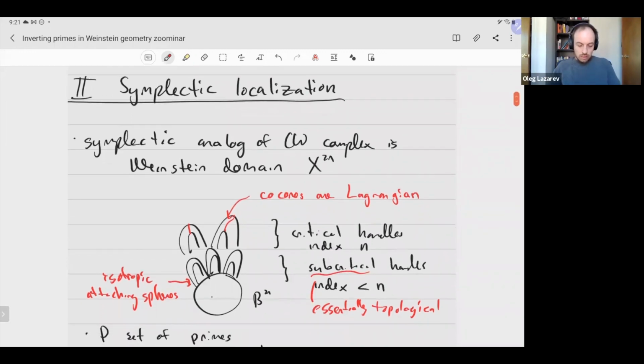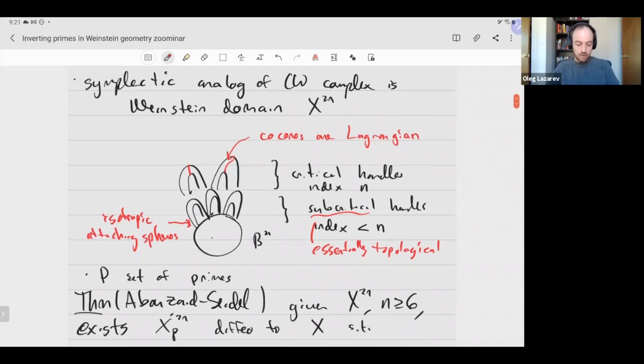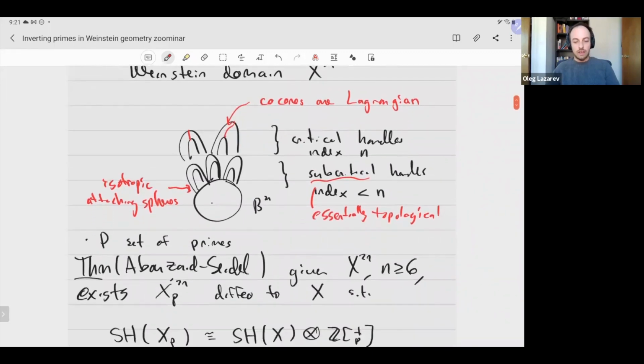Now let me give the first result indicating that some kind of symplectic localization phenomenon occurs. P is going to be a set of primes, and this is a theorem of Abouzaid and Seidel.